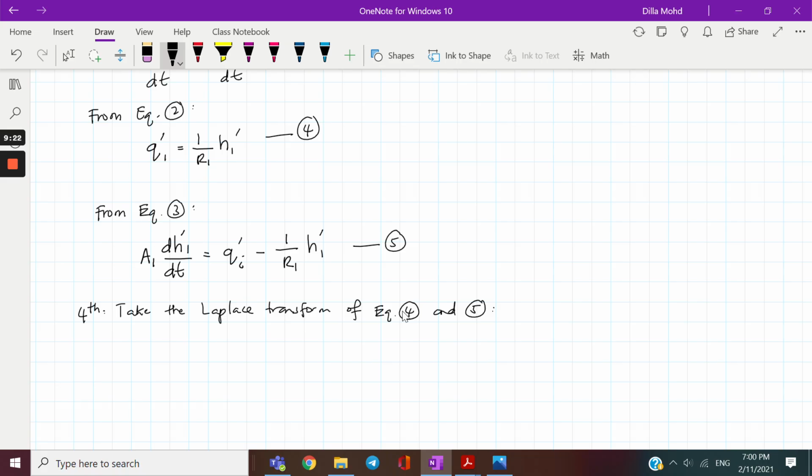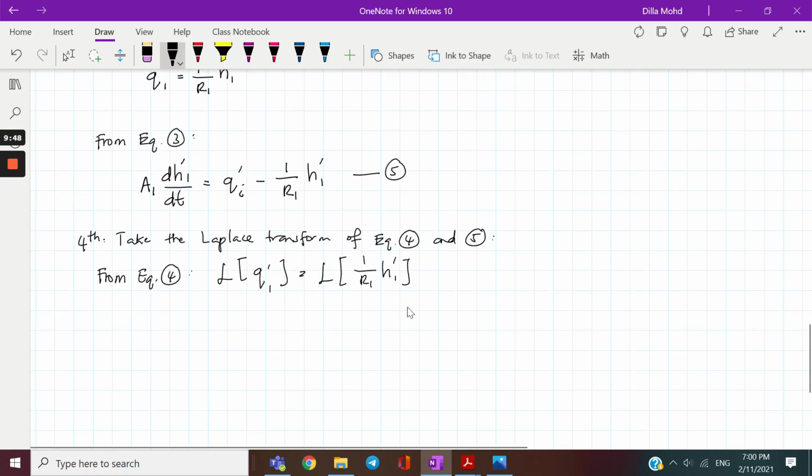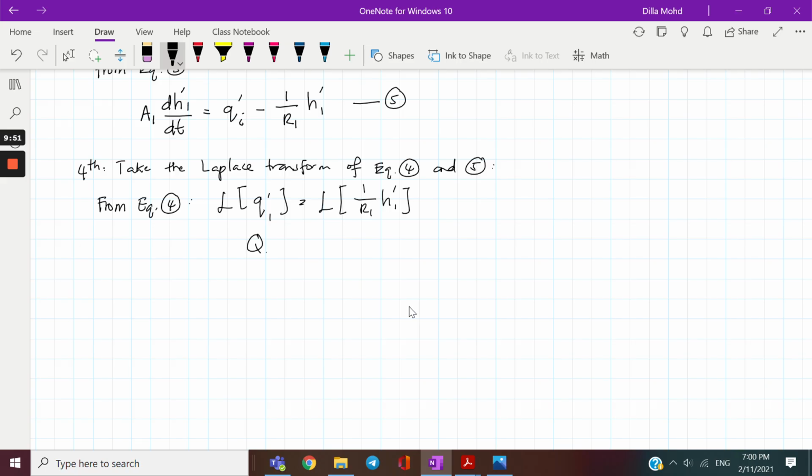From equation 4, the Laplace transform: Q1 prime equals the Laplace transform of 1 over R1 times H1 prime. These are just algebraic equations, so you will have Q1 prime of s equals 1 over R1 times H1 prime of s.